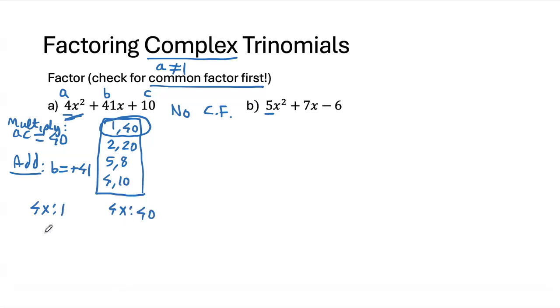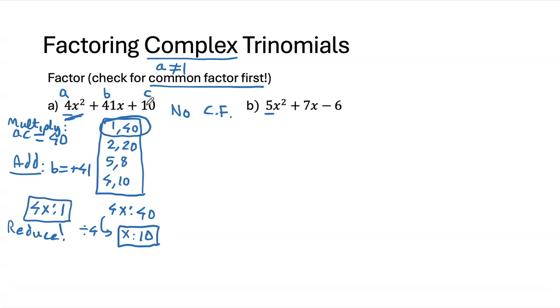And then you're going to try to reduce these ratios if you can without creating fractions. So 4x to 1, I can't reduce it, so you keep that. But the second ratio, I can divide both of them by 4 to shrink to 1x and a 10. And these 2 final ratios are actually going to help us come up with the 2 factors.